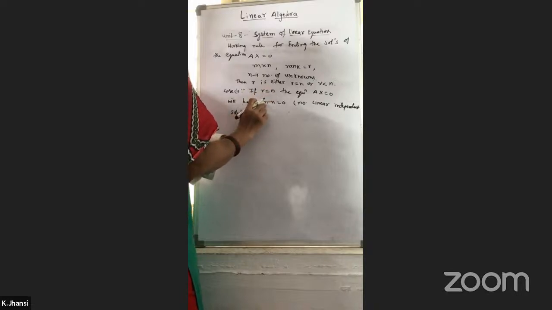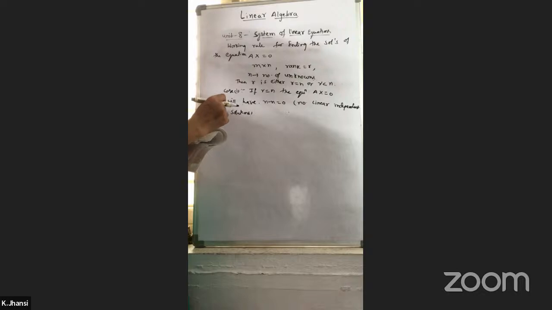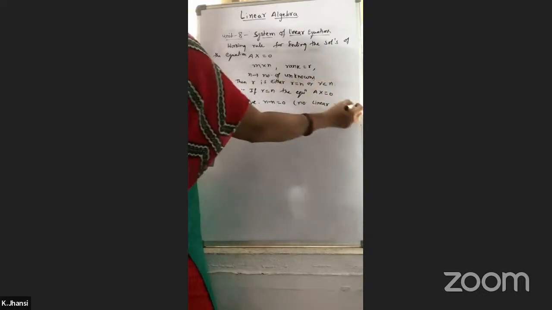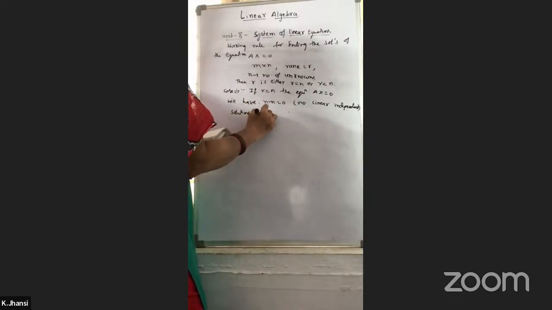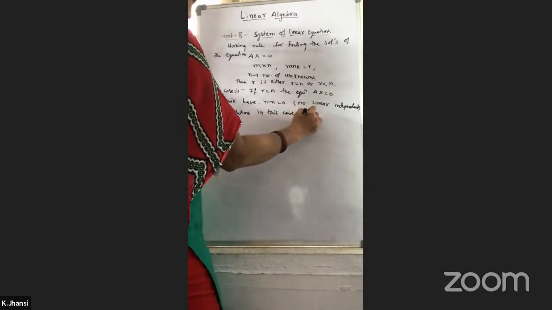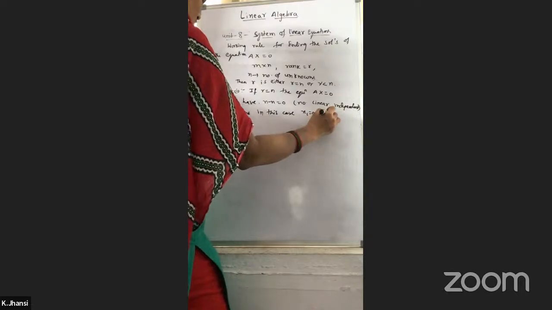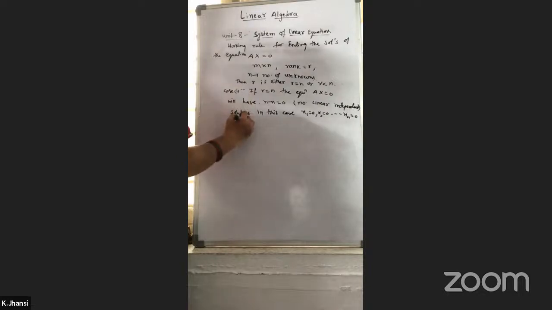When r equals n, in place of r we write n, so n minus n gives 0. So there are no linearly independent solutions. In this case, x1 equals 0, x2 equals 0, and so on up to xn equals 0 is the only solution.